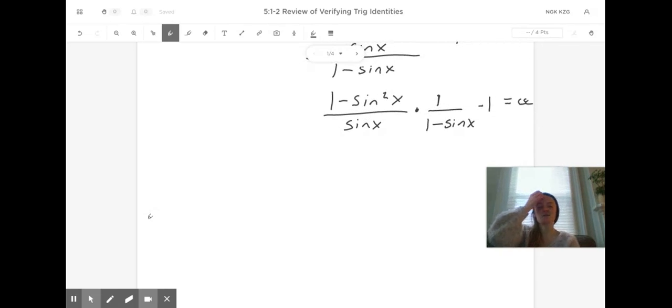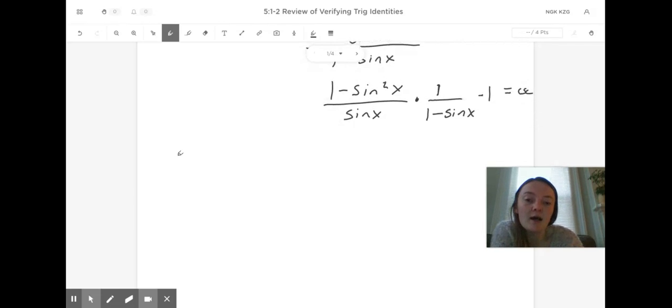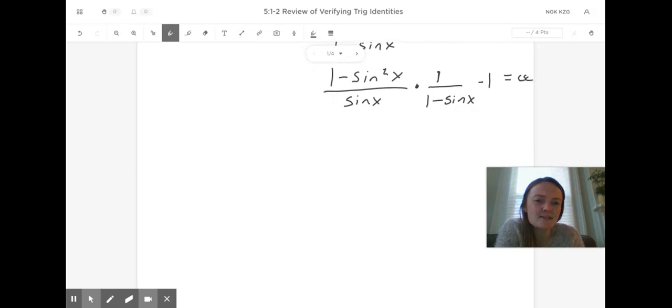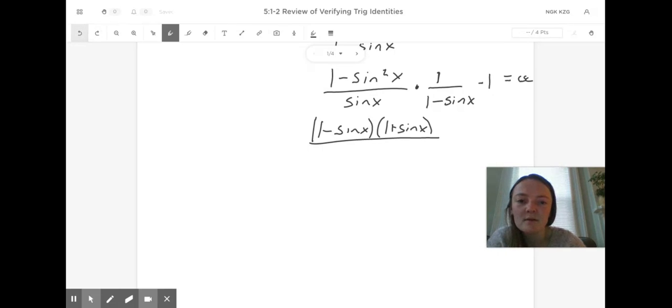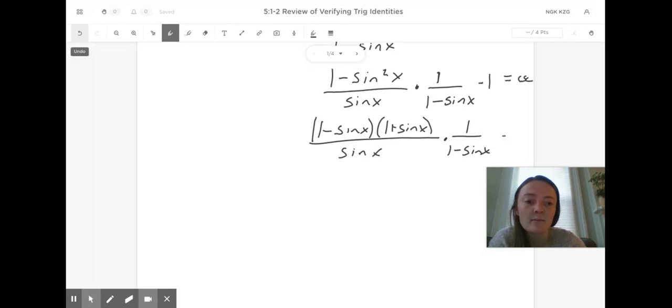Okay, all right, so let's keep on going with this. 1 minus sine squared x, if I factor that, that's a difference of squares. It factors to 1 minus sine x times 1 plus sine x, all over sine x, times 1 over 1 minus sine x, minus 1.